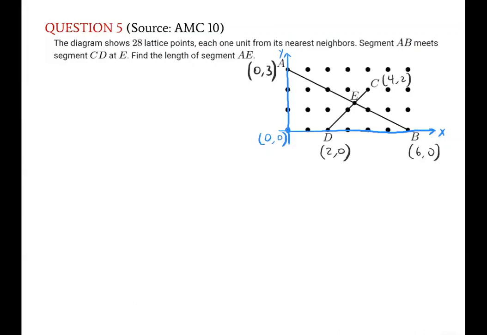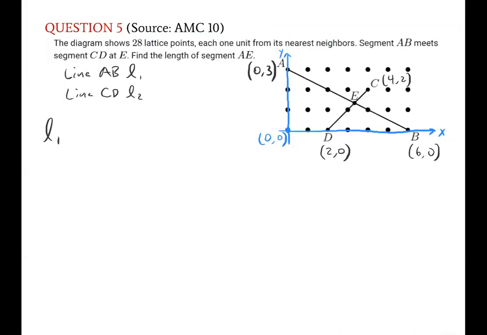So let's first call line AB L1 and line CD L2. To find the coordinates of E, we can find the equations of the two lines, line AB and line CD, and then we can find the point of intersection between them, since E is the intersection point.